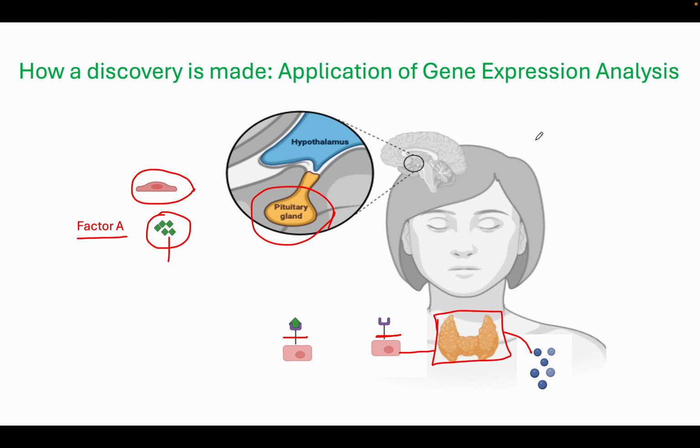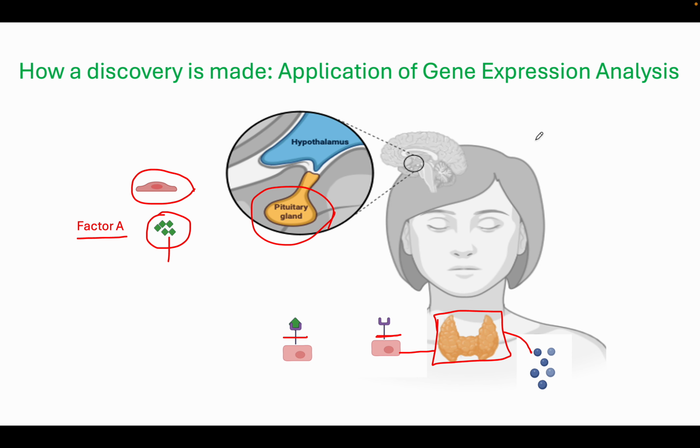So based on this information, I can make a hypothesis that already so many scientists have discovered so many things about the physiological mechanisms related to the pituitary gland and thyroxine.